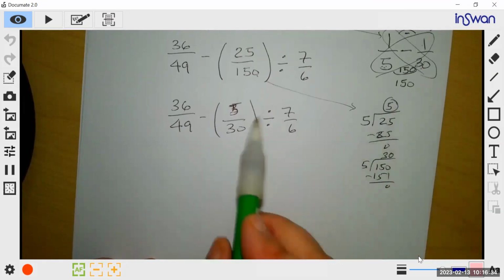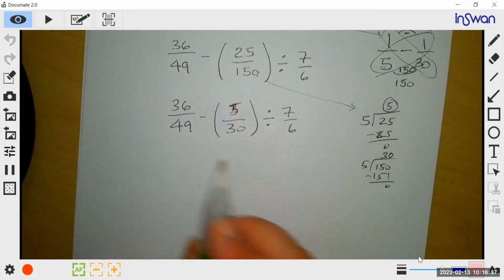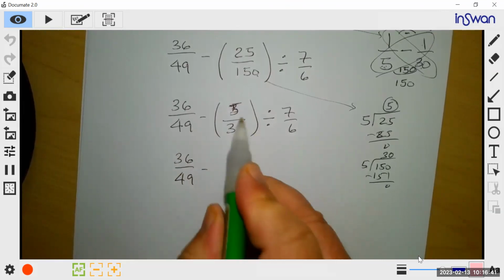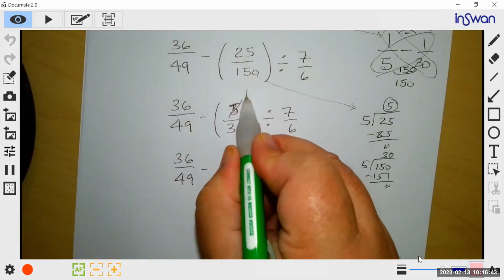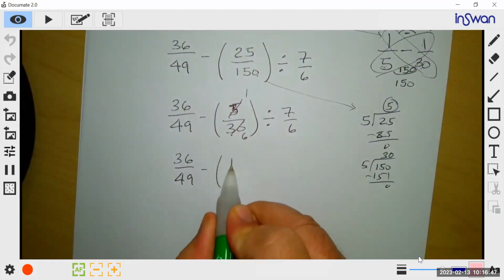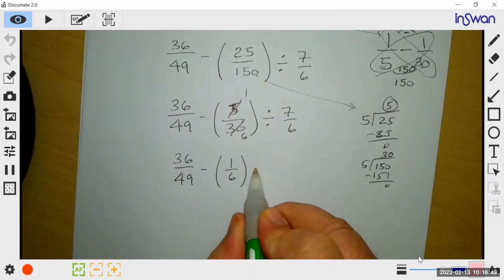Okay, we simplify. Can we simplify any further? 5 goes into 5 once, 5 goes into 30 six times. So it's 1/6.